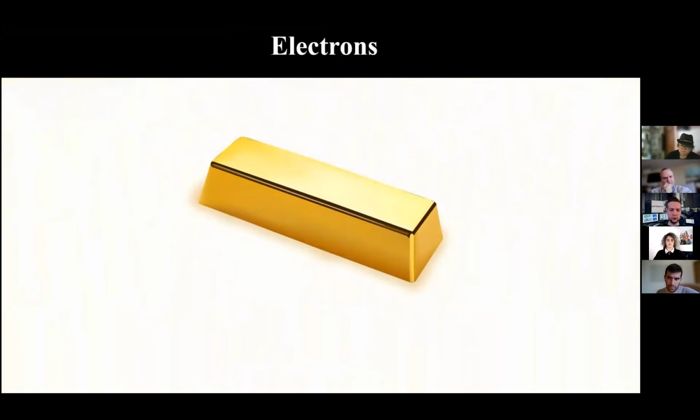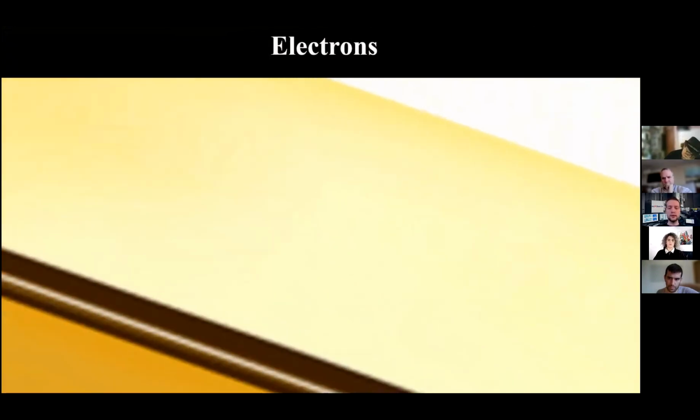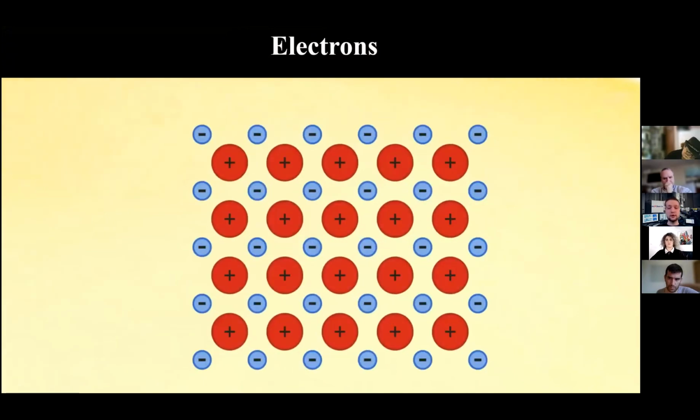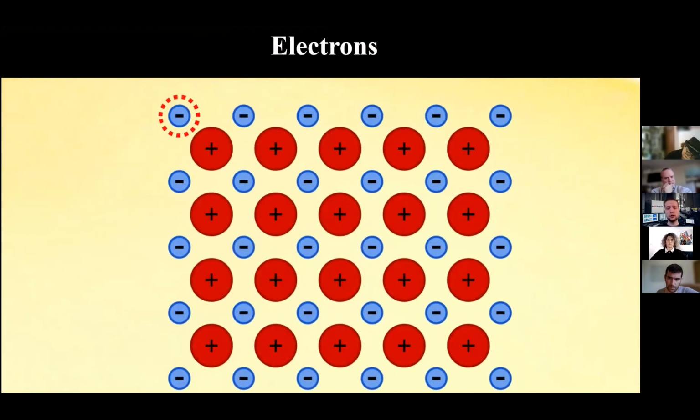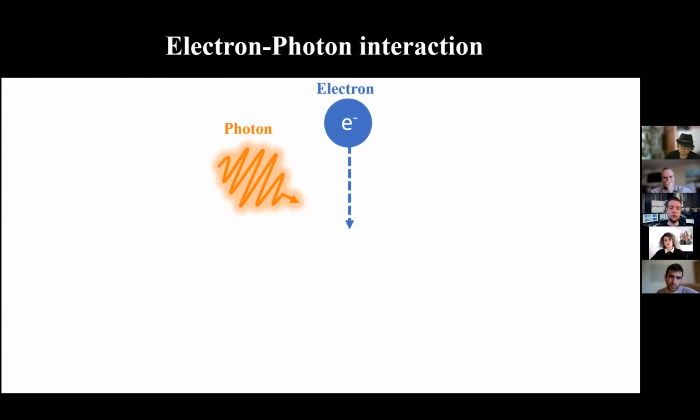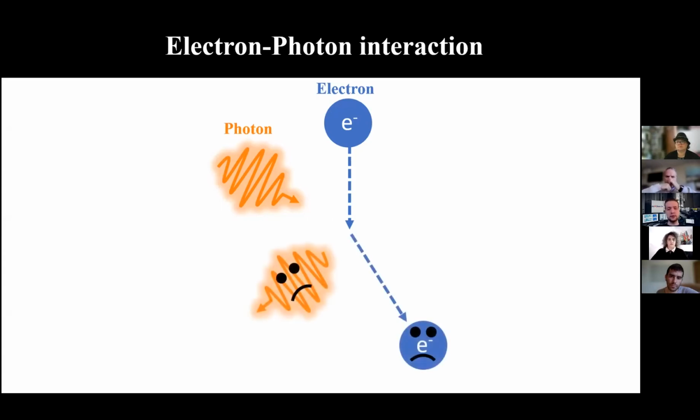If we zoom in on any material, for example gold, we will see that it consists of atoms, and each atom consists of positive protons and negatively charged electrons. So now let's collide electrons and photons and see what will happen. The main problem is that photons don't like electrons and just scatter from them.